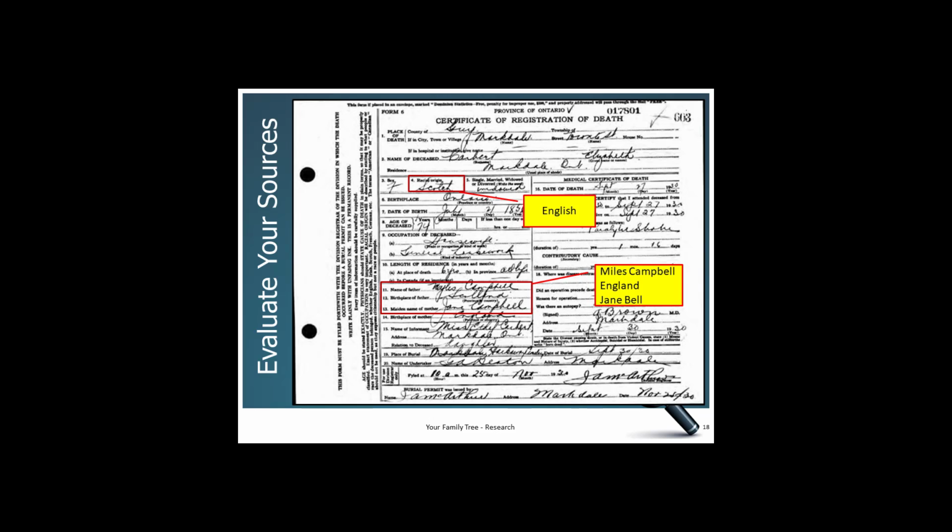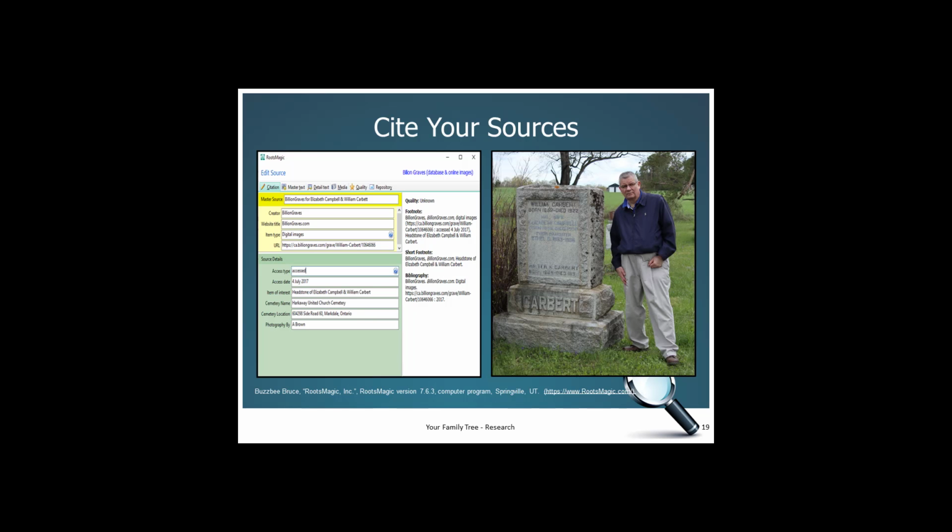So as you can see from the slide, it's very important that you evaluate your sources before you record it in your genealogy software or on paper. After you evaluate your sources, the next step is to cite your sources. Why describe your sources of information? Why am I doing this?